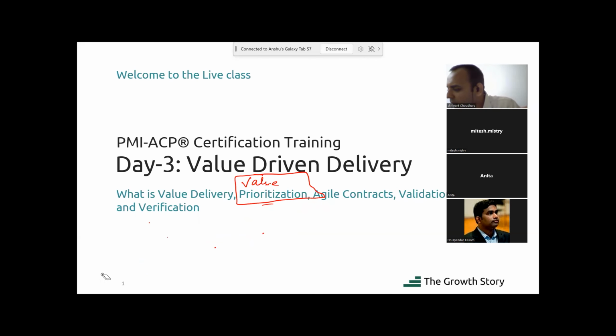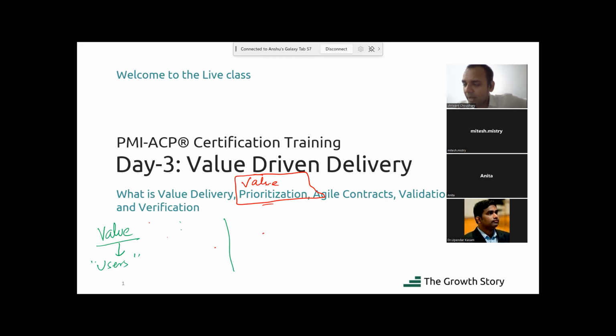So when we talk about value, we also talk about users. We related these two concepts. So when we say we need to prioritize value, we want to prioritize it in a way that it is easier to deliver value and beneficial for the users to get the value. So both sides.